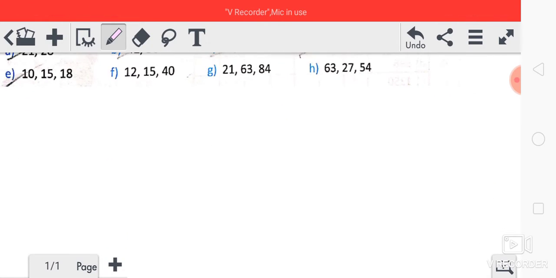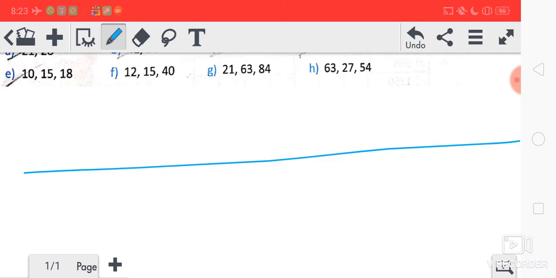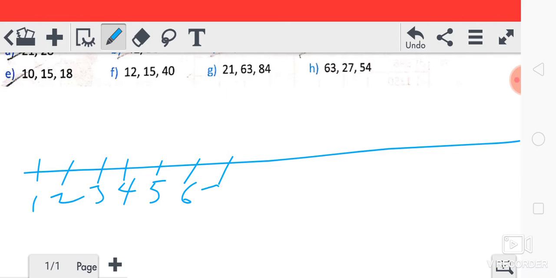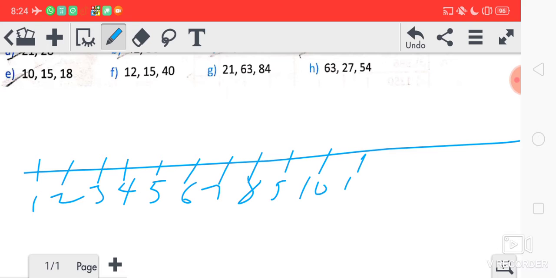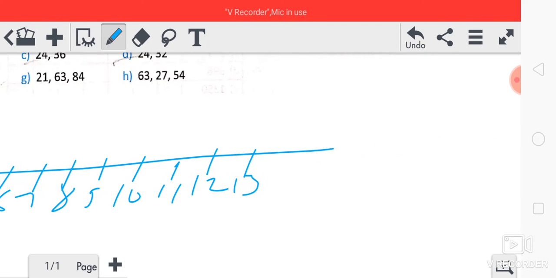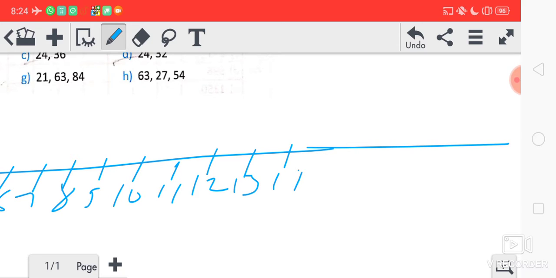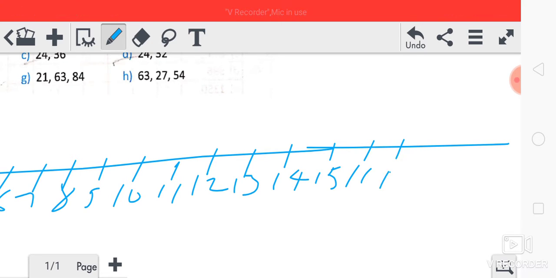You have to draw a line, then write 1 2 3 4 5 6, then 7 8 9 10 11 12 13, then 14 15 16 17 18 19 and 20.